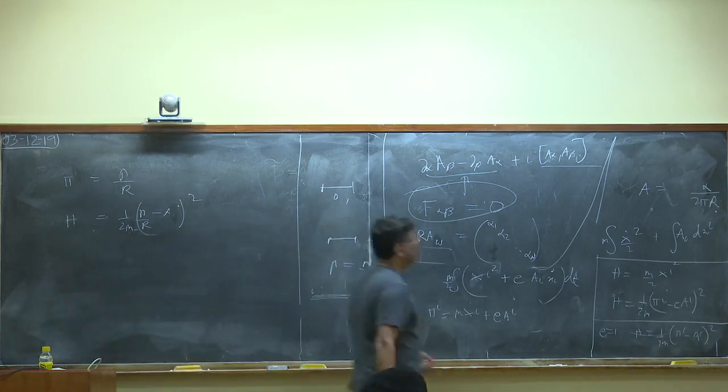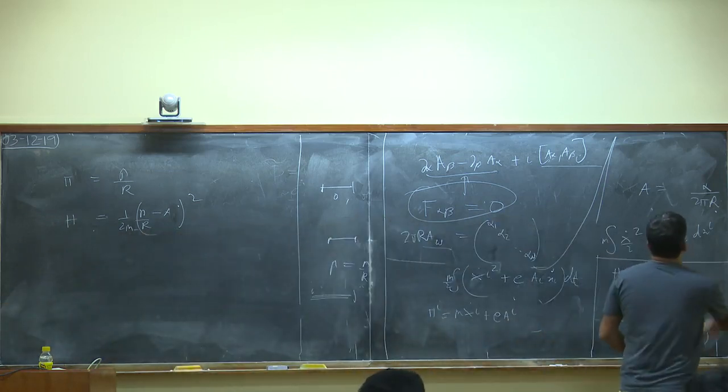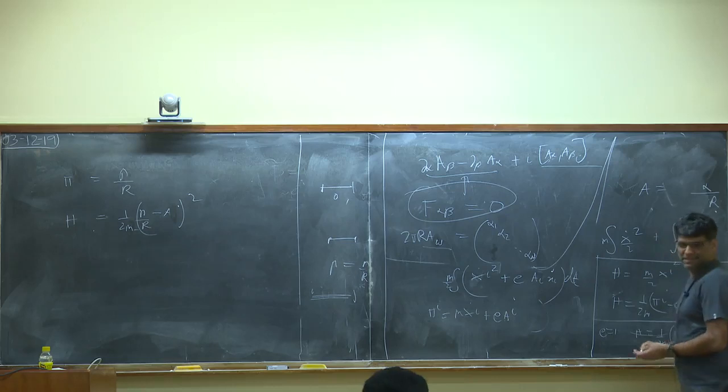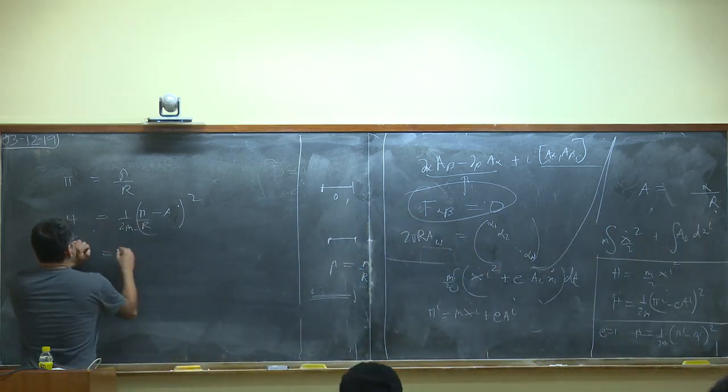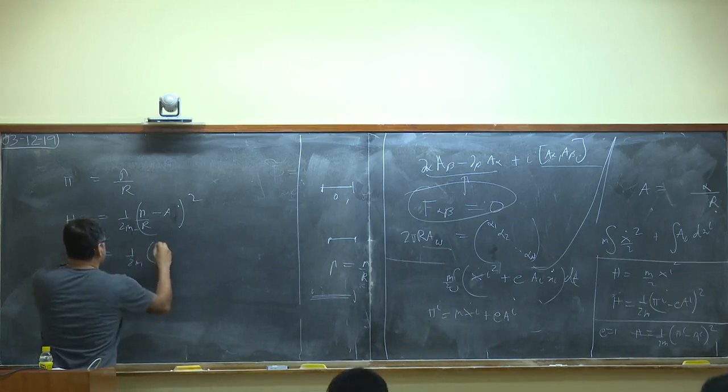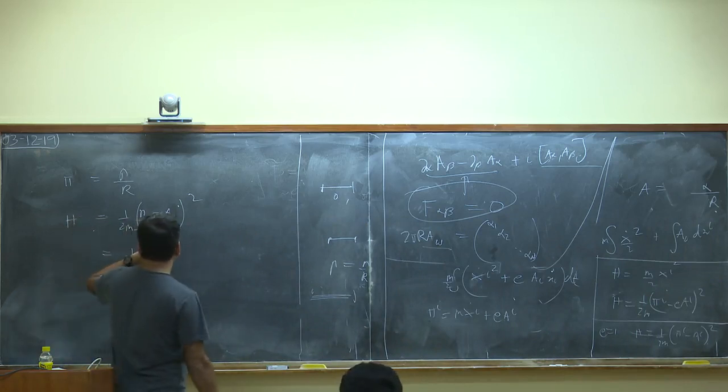So I want alpha to go from 0 to 2 pi, let's say, just to make it look nice. So this is 1 by 2m r squared into n minus alpha, whole squared.